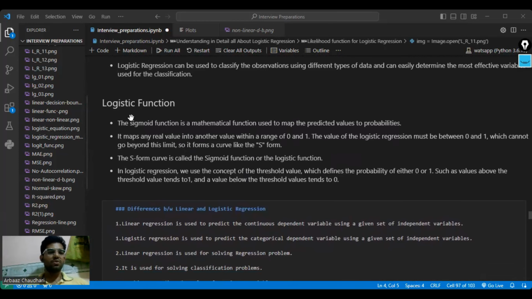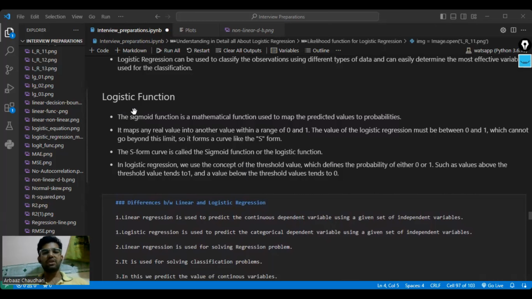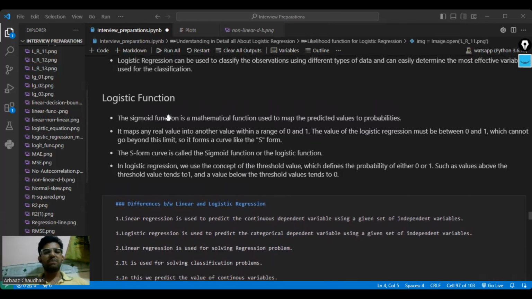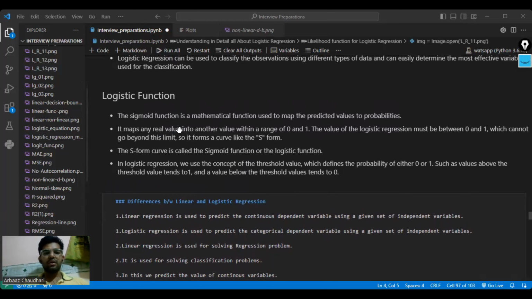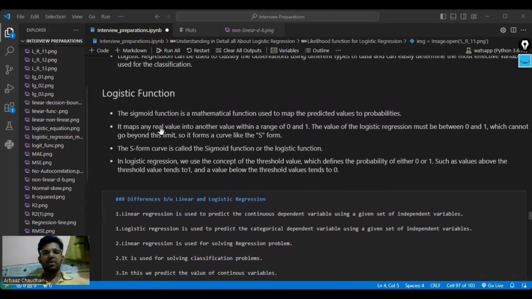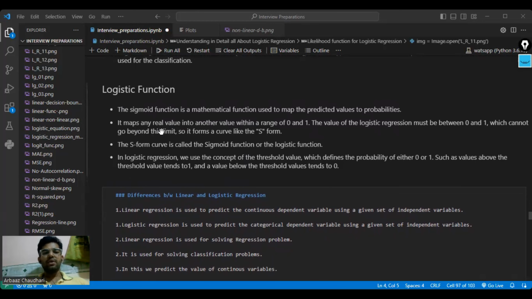Now let's go on to the next topic, which is the logistic function. The sigmoid function is a mathematical function used to map the predicted values to probabilities. It maps any real value into another value within a range of 0 to 1. Which we have seen, the values we are getting are in the range of 0 to 1.